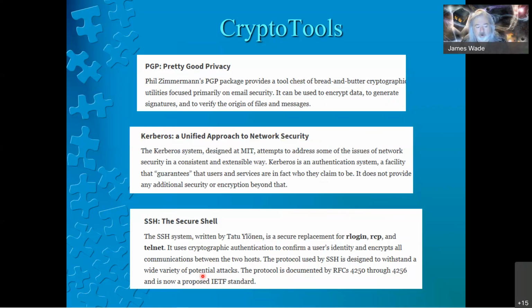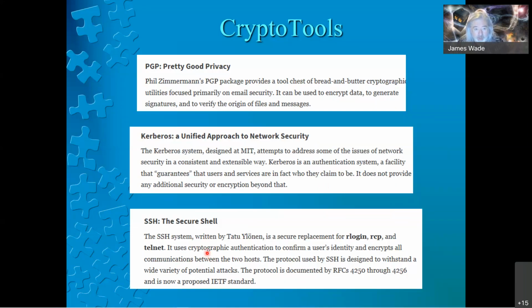SSH, well, that's what we encrypt with. Before then, folks, I used to use RLogin, RCP, even Telnet. Before the internet existed, we had network connectivity, but it was inside the company and didn't go outside the company.